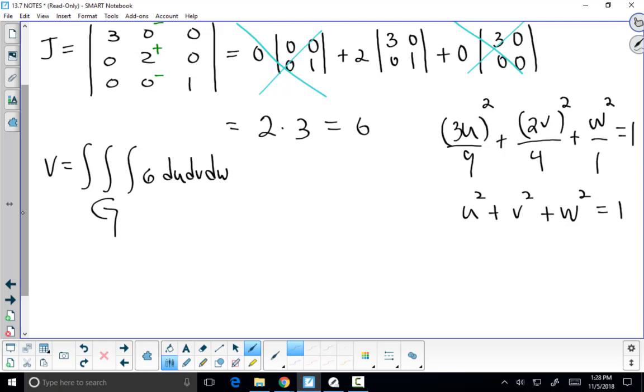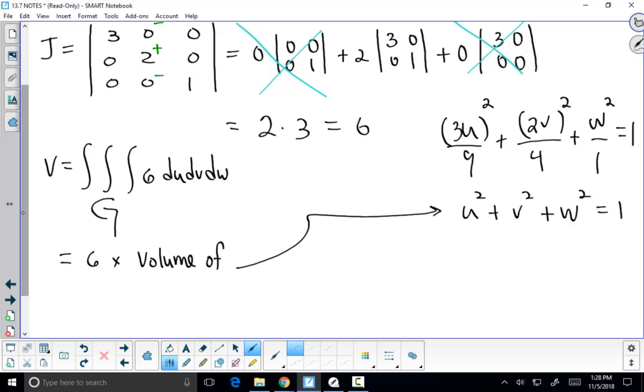And so this integral over here represents 6 times the volume of the Death Star, the volume of that sphere of radius 1. Except we're just dealing with the upper half, remember? Because we started with an upper half of an ellipsoid, so we're really just looking for the volume of the upper half of that.